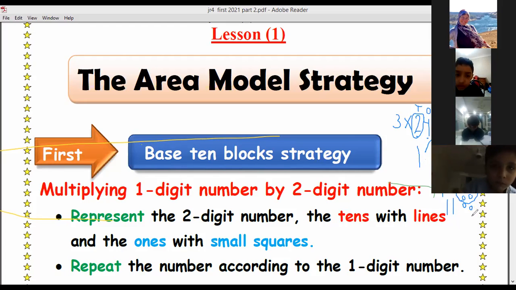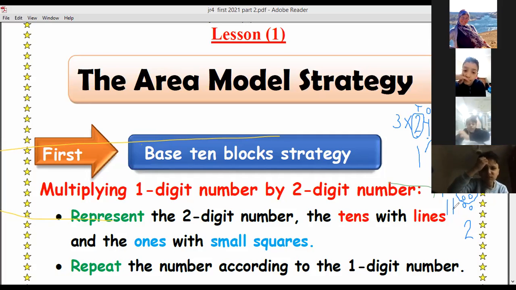So how many squares are left? Only 2 squares, so I'm gonna write 2. And now let's count how many tens we have, how many sticks we have. All of them are expressions for tens. So 1, 2, 3, 4, 5, 6, 7. So we're gonna write 7. So the answer will be 72.